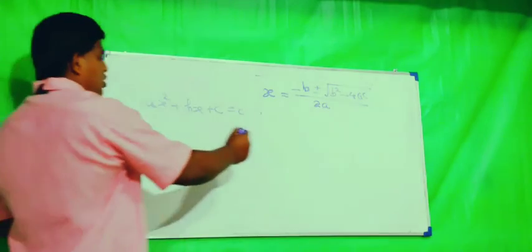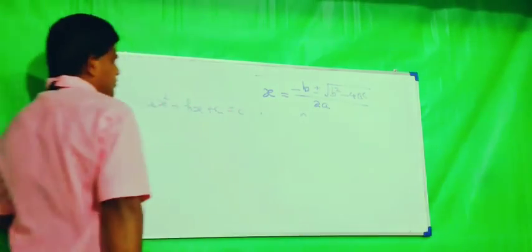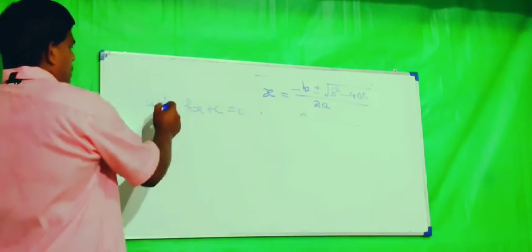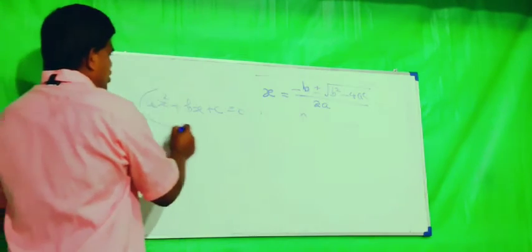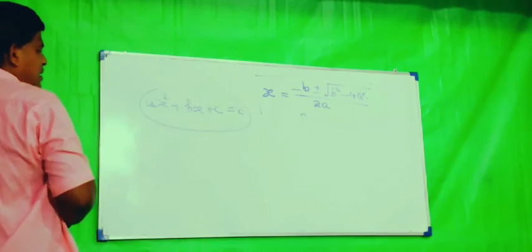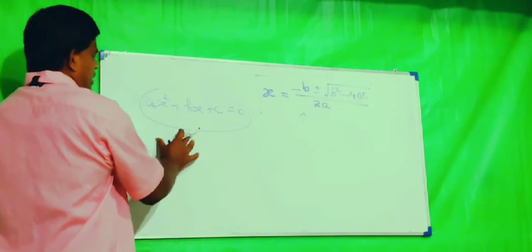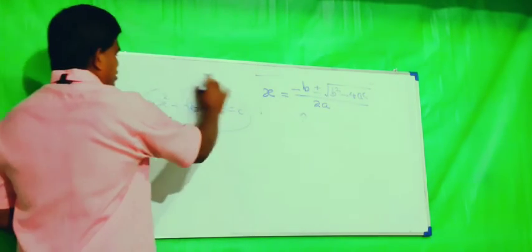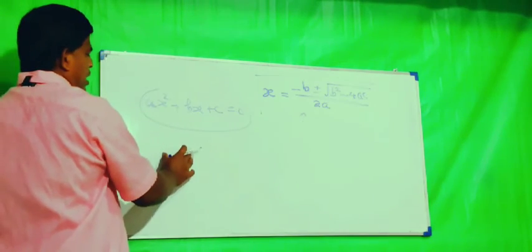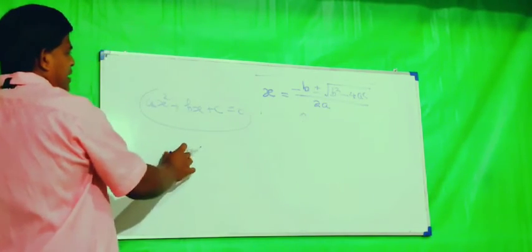So this formula is obtained by converting this equation by completing the square. If we convert this equation by completing the square, then this formula is obtained.